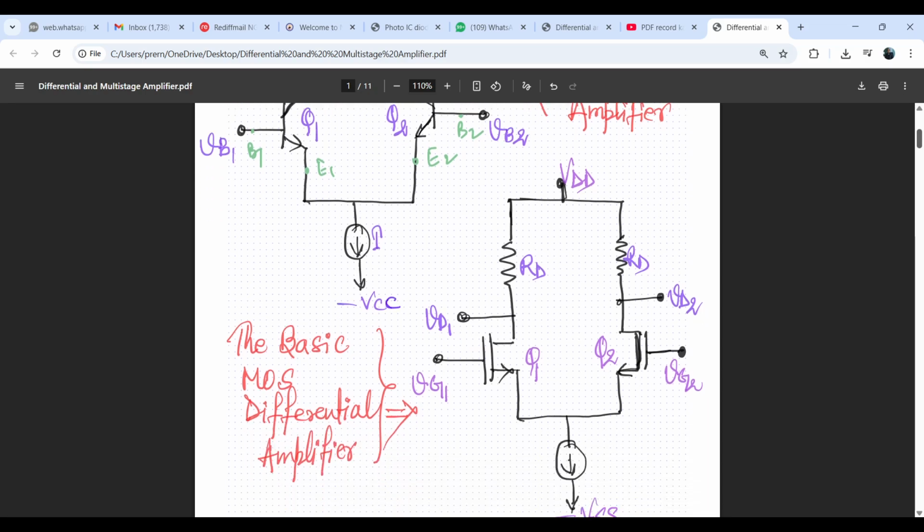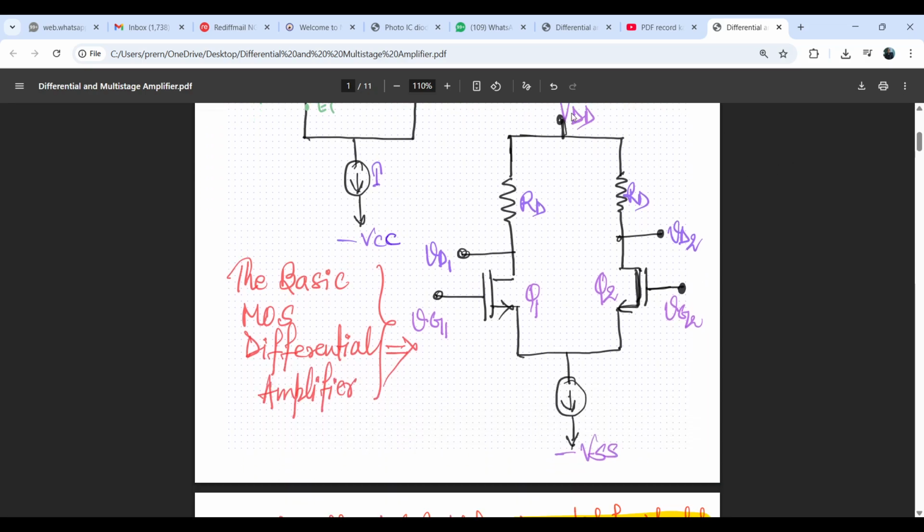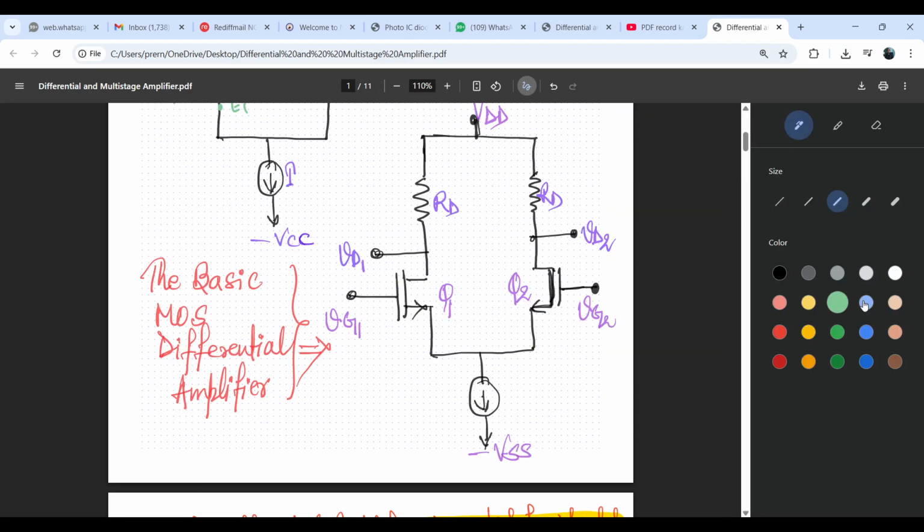Next, the MOS one is also very simple. In the MOS differential amplifier, as we know, there is a gate terminal, this one the gate of 1, and this arrow always points to the source terminal, and the drain terminal, we are taking the output from the drain one, that is our VD1, and this terminal is our drain of 2, we are taking output VD2, and this one is our gate 2 where we are giving input VG2, and the sources S1 and S2 are connected to some current source I and minus VSS.